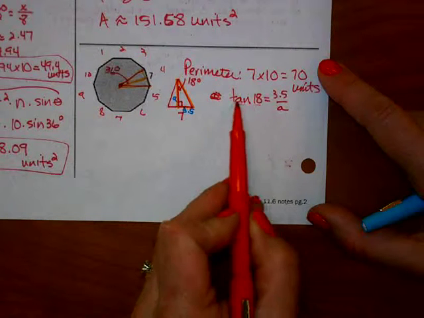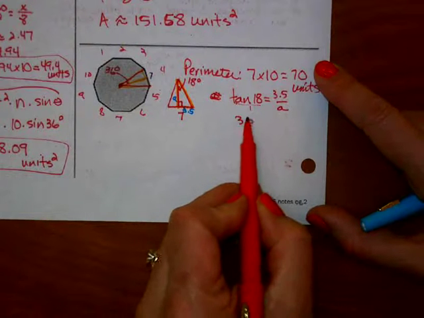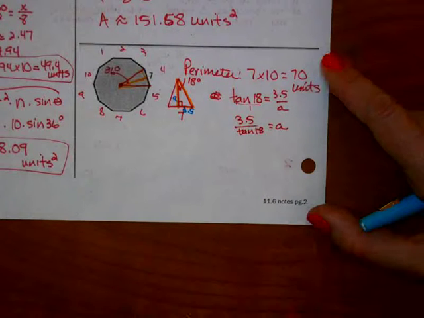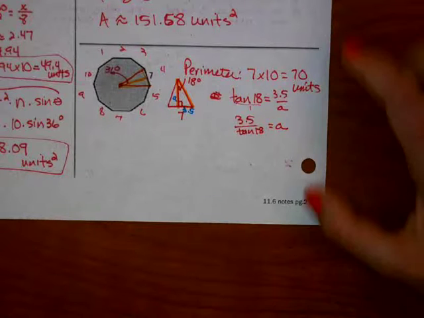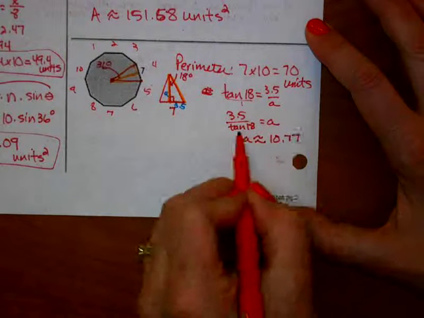In the cross multiplying process, 3.5 times 1 divided by the tangent of 18 will give me A. I know I wrote that differently this time than I have before, but I just want you to see that because it might show up in your homework. So then you get that number. A is approximately 10.77.